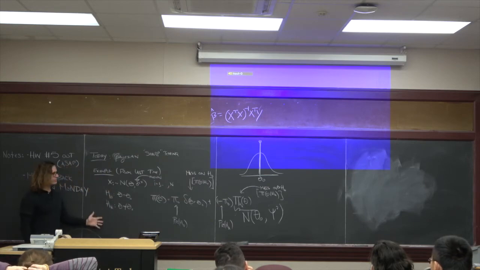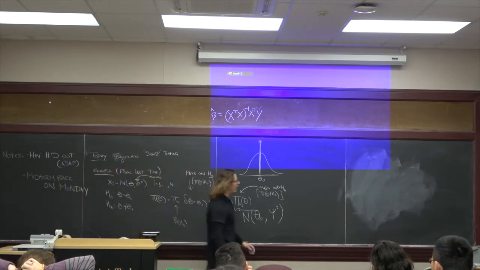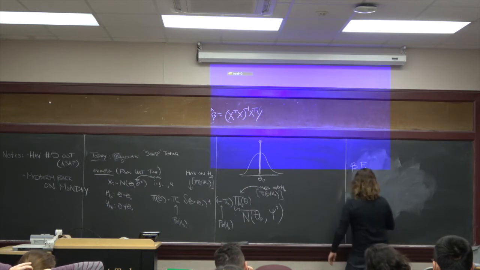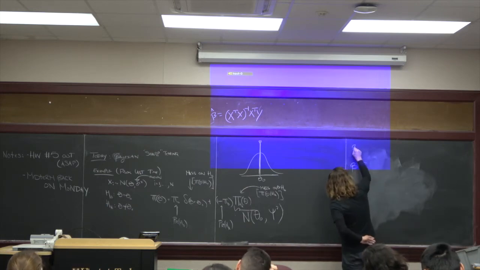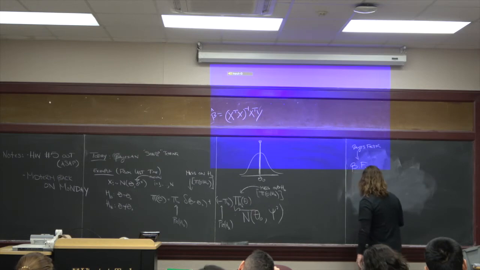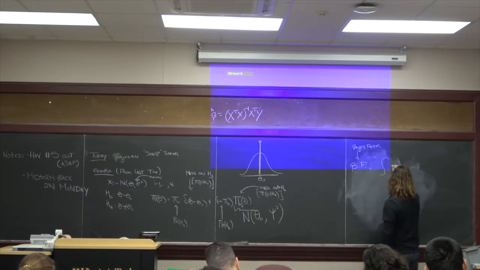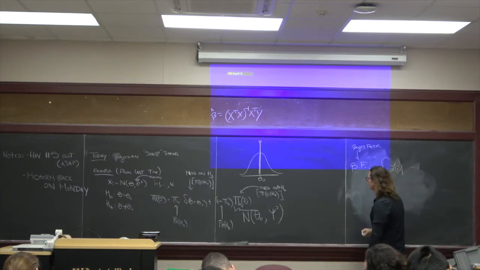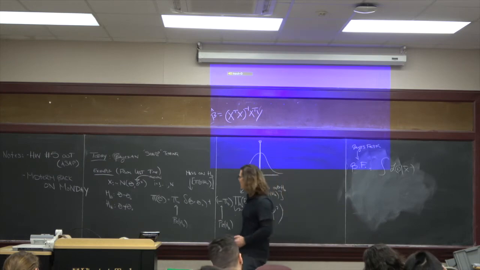Okay, so let's get back to this problem. So we want to do this test. So the Bayes factor, I can compute that. Bayes factor is just this thing. Integral of my likelihood given my data. I'm going to use x bar because it's sufficient for inferring theta.